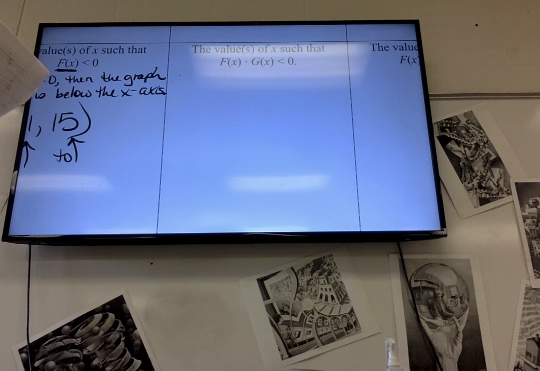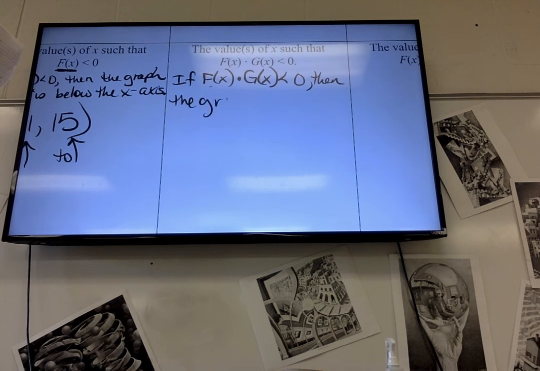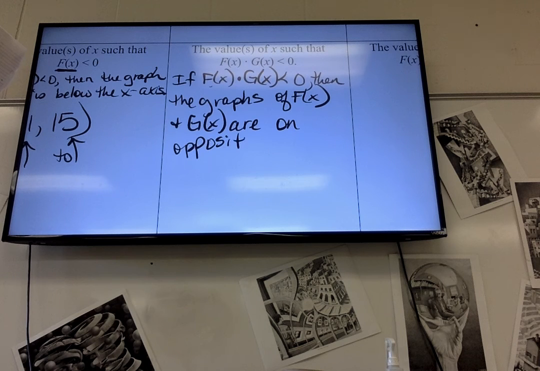If f of x times g of x is less than 0, then the graphs of f of x and g of x are on opposite sides of the x-axis.